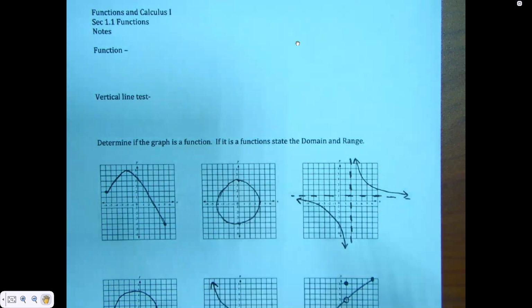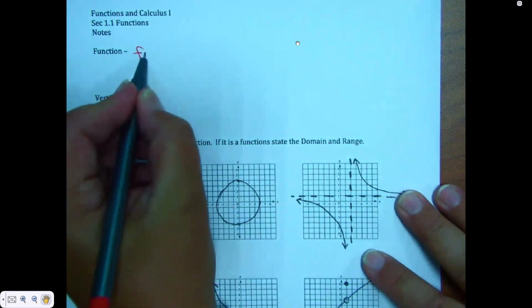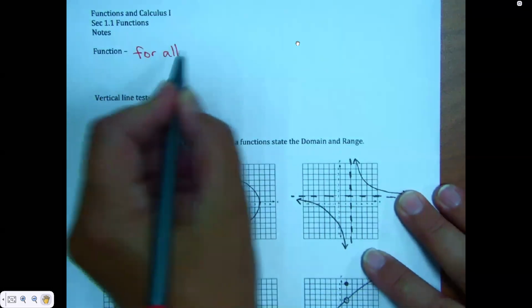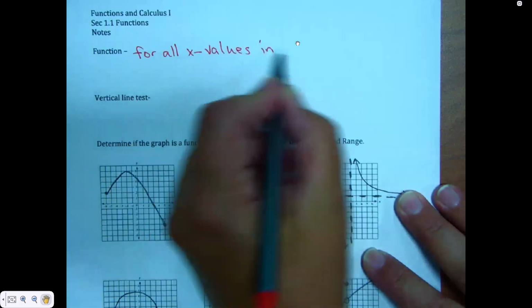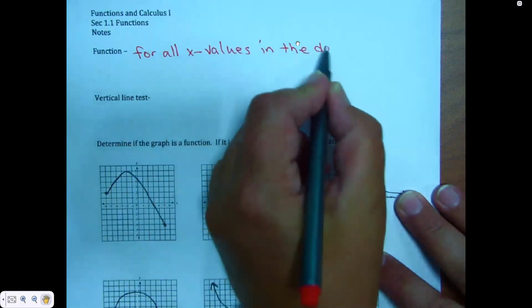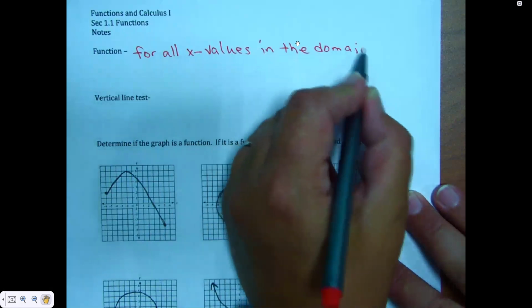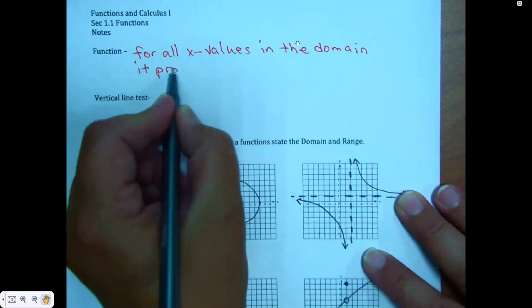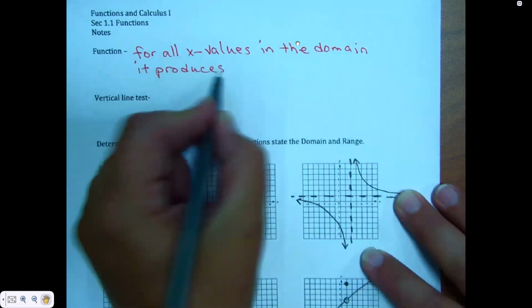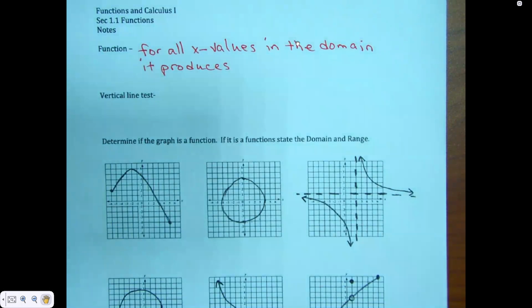All right. So what's a function? A function is for all x values in the domain, it produces... an x goes in, what comes out?